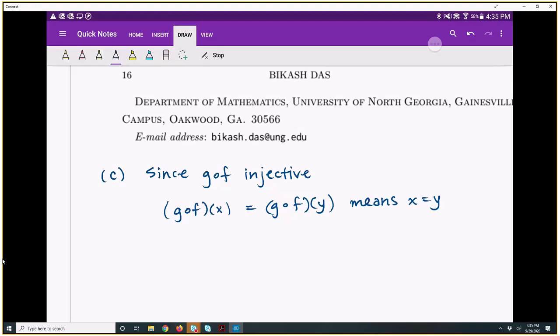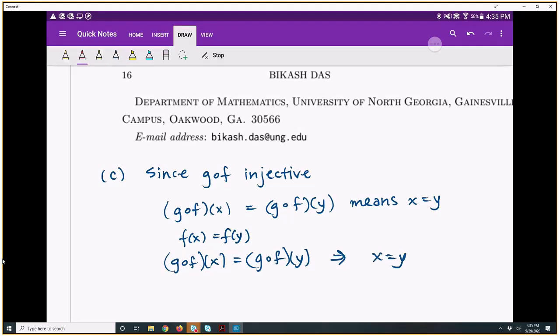So then if I have f of x equal to f of y, then clearly g composed f of x is going to be equal to g composed f of y, so x equals y.